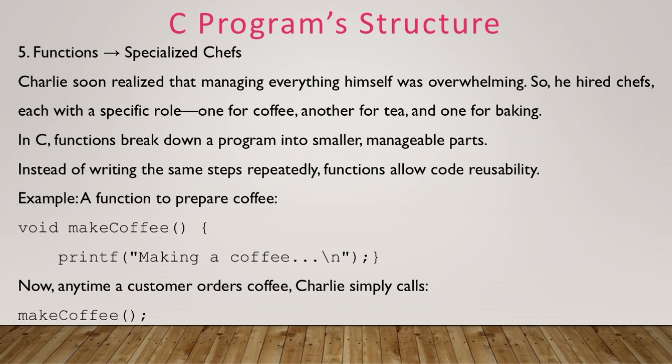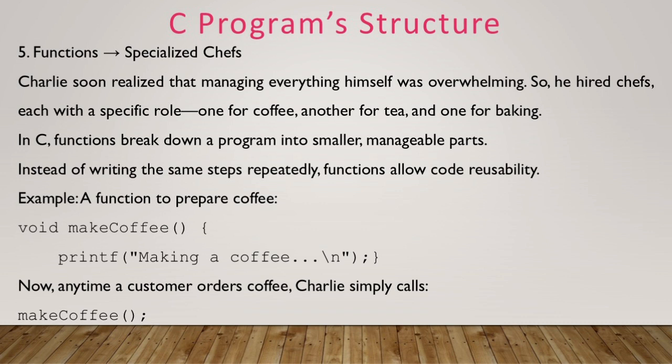So they are specialized in some work. The make coffee function is specialized in making coffee, make tea is specialized in making tea, and maybe one function is specialized for making cakes. So you have specialized, organized steps, and the steps are the same.